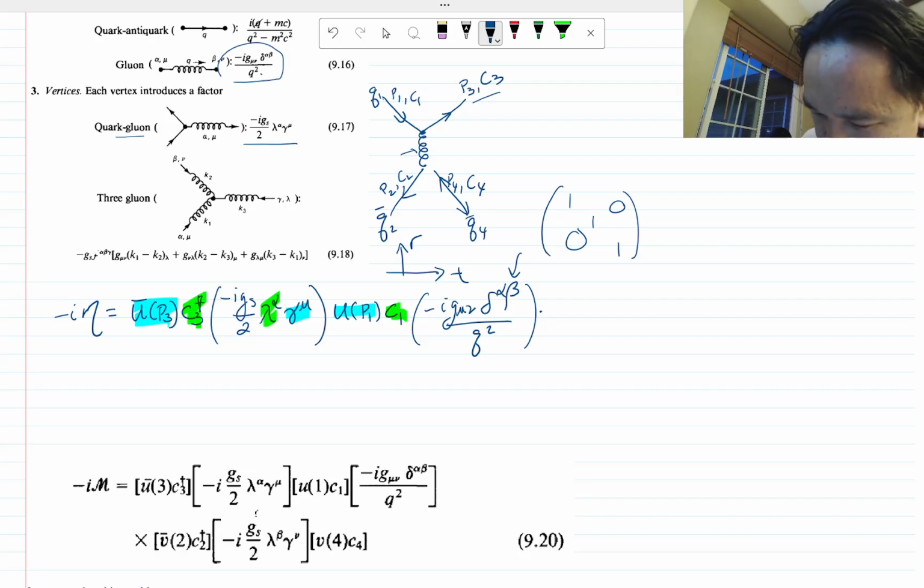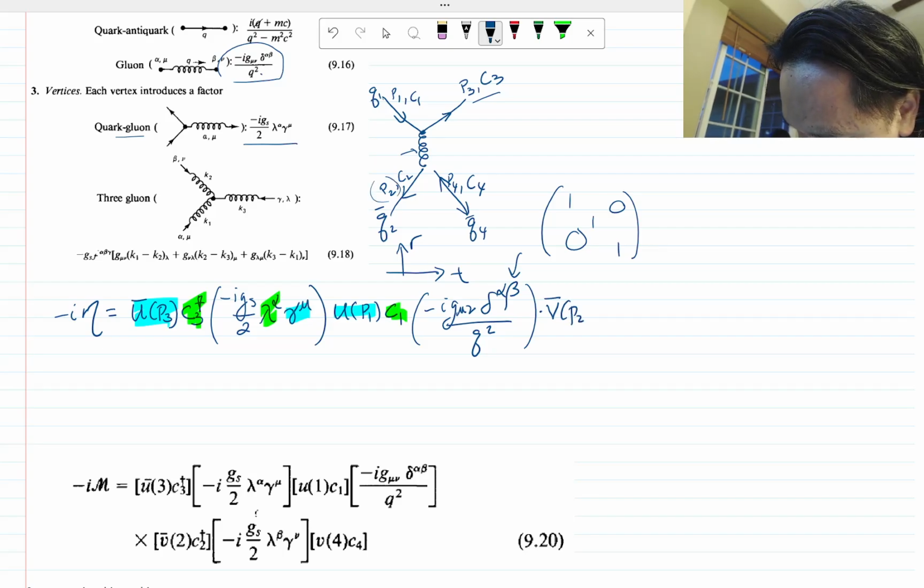Since we have an anti-quark, instead of the particle spinors, we have to deal with the anti-particle spinor, and specifically we're going to have to use this one, v of p2, because we're going backward along the particle line. Then we reach the vertex once again. This is the same vertex.